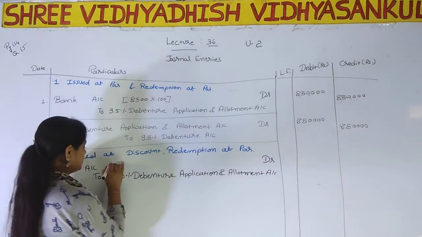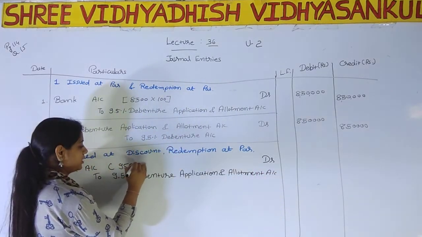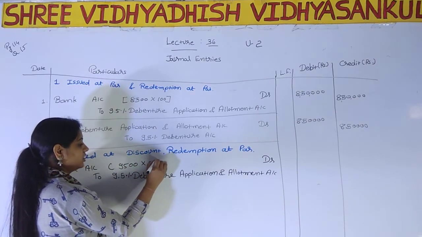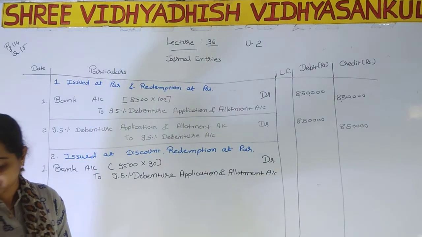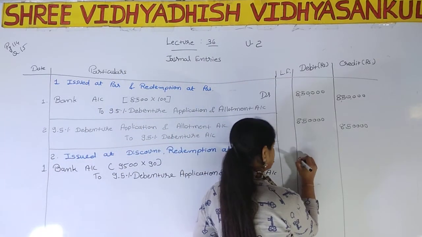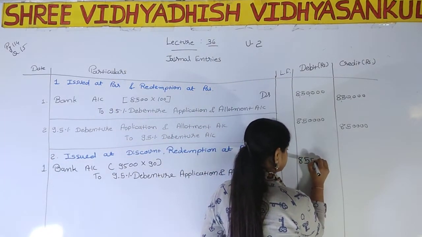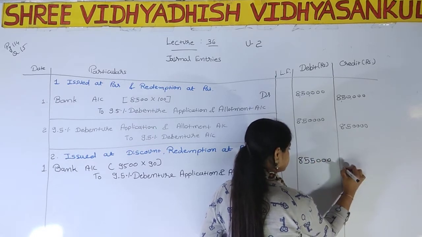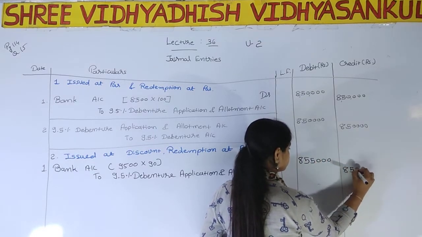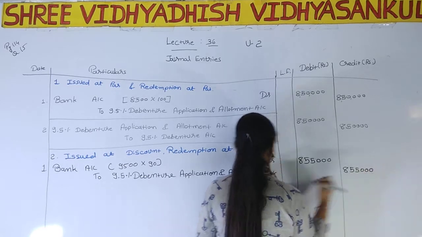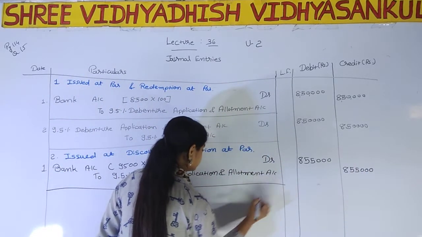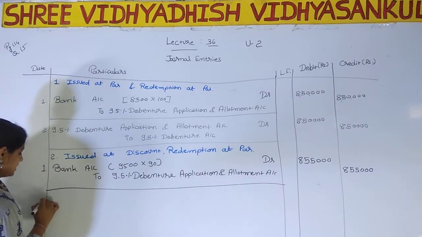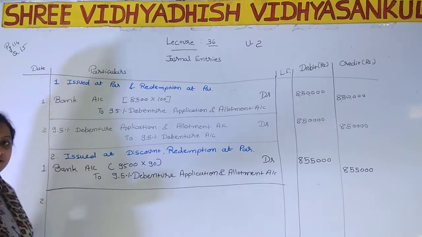The number of debentures is 9,500 into we have demanded 90 rupees, right? So the amount will be 8,55,000. Underline, leave one line, then the second one for this. That will be for transferring.